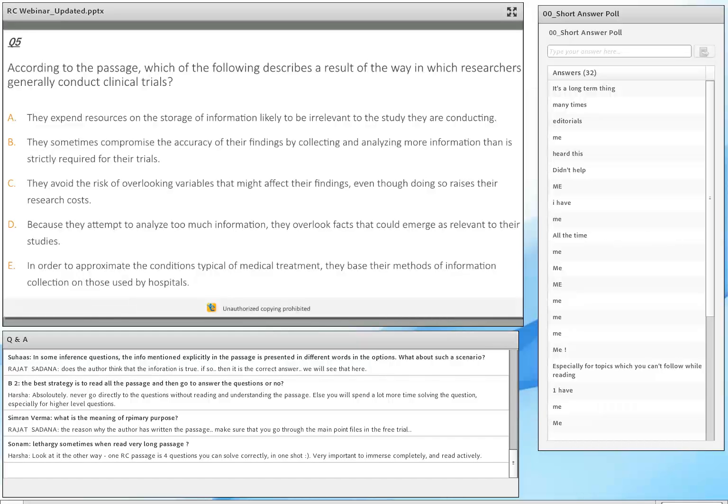As we read this passage, you're going to find that when it comes to GMAT RC, it's written with a very specific purpose in mind. The sentence structures that you see over here, the keywords that you see over here, the distinction between what the author is trying to say versus what someone else is trying to say versus just the pure facts that the author believes are correct. That distinction is absolutely clear.